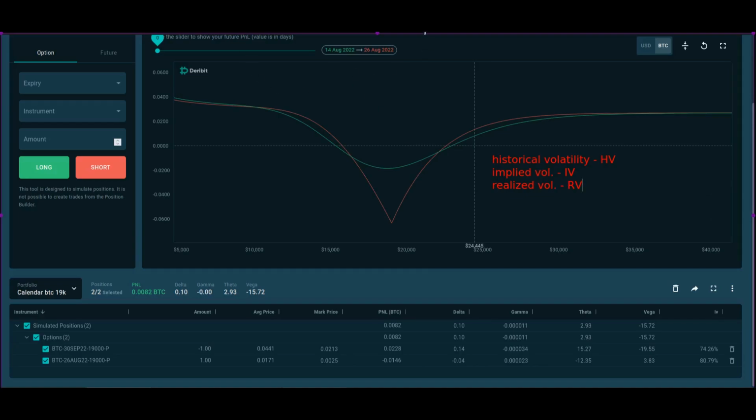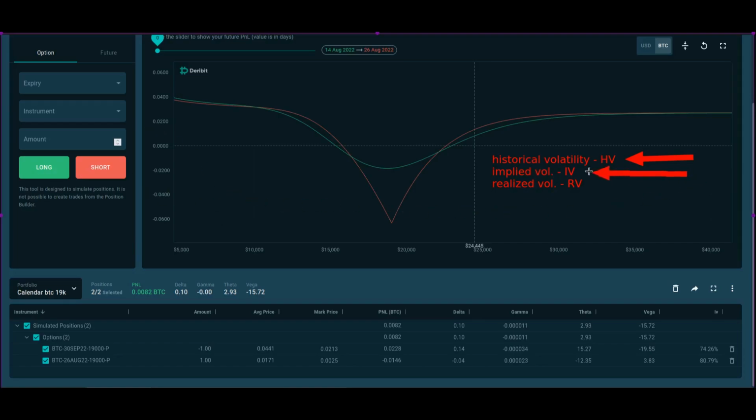The first one means volatility which was realized on previous days or a previous time frame.